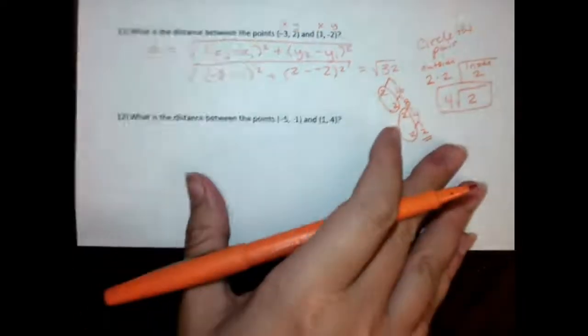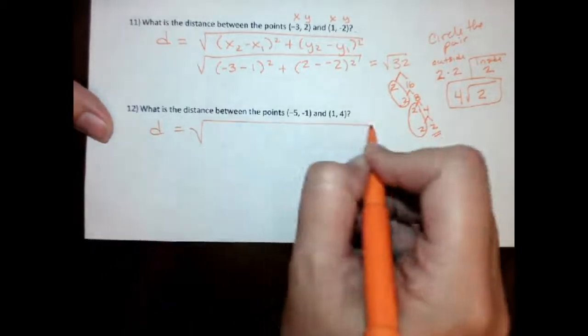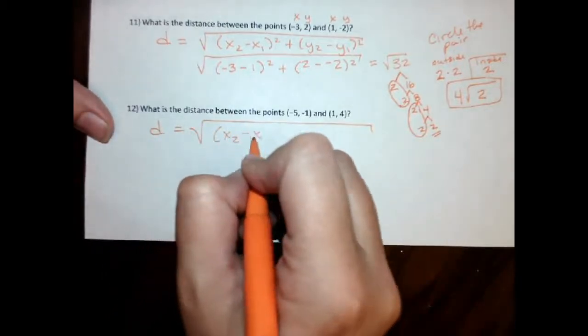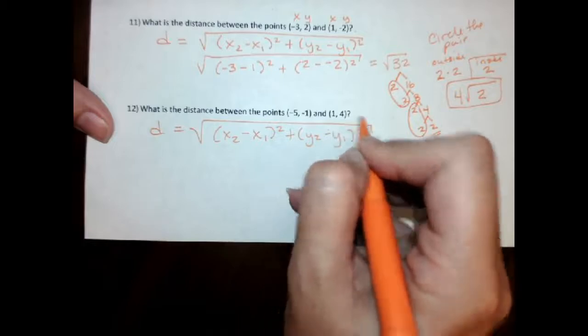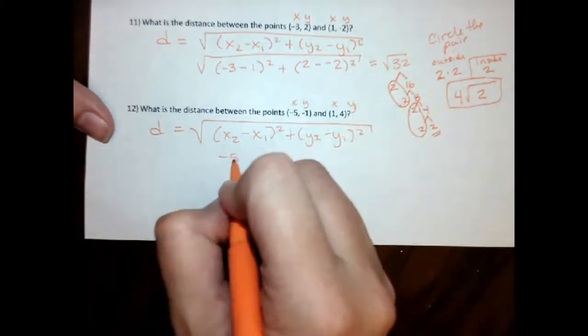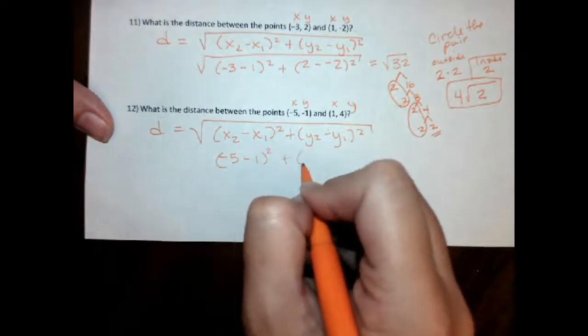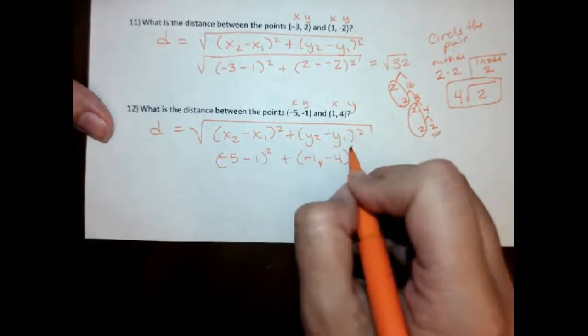And finally, our last one, we're going to do the same exact thing, write the distance formula. Pause and rewind if I didn't give you enough time to write. Here's my x's and y's. My two x's are negative 5 minus 1, and my y's are negative 1 minus 4 squared.